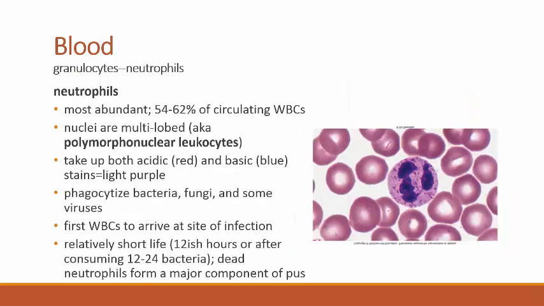So neutrophils are granulocytes. Neutrophils are the most abundant of white blood cells. In circulation, they make up a half to slightly more than half of all white blood cells that are moving around in the blood. When you look at the nucleus, it has this bizarre kind of multi-lobed appearance.